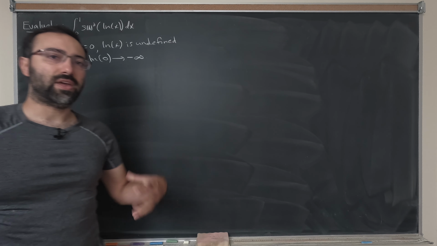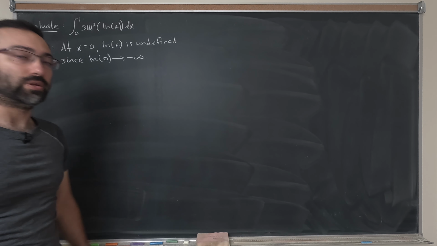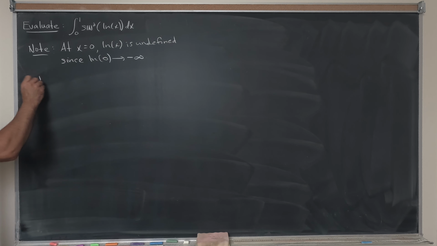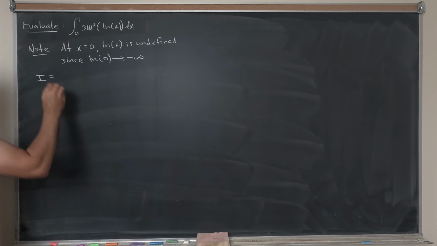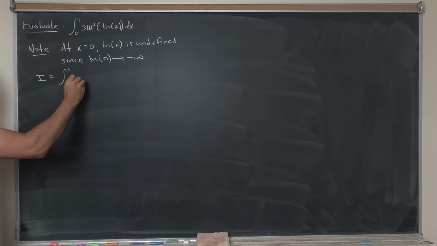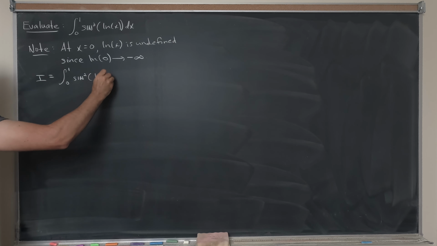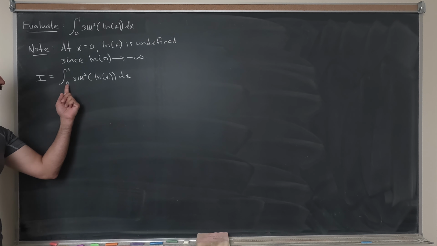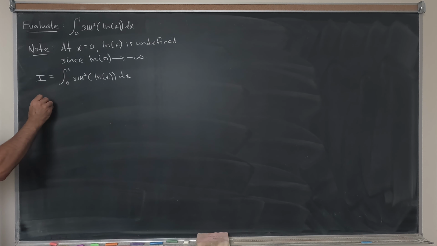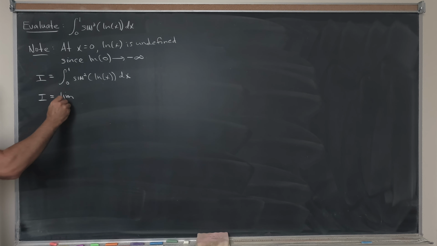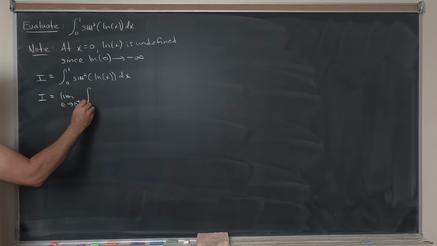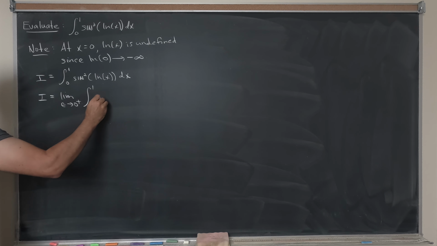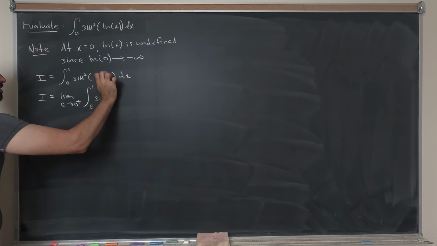Okay, so how will we evade this discontinuity? Well, first, for reference, let's call this integral I. And then, to get around this problem of 0, let's write that I equals the limit as epsilon approaches 0 from the right of the integral from epsilon to 1 of this integrand.